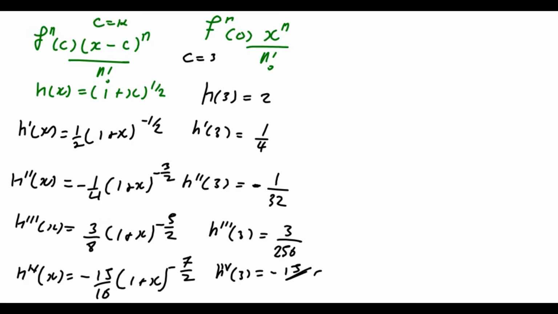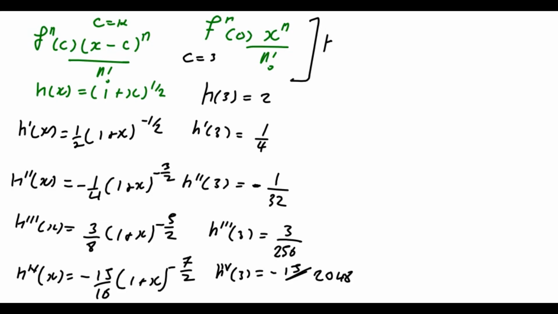I get 2048. So this is what we have, but remember the final expression is going to be written in the form, since I'm using h, this is going to be written in this way.